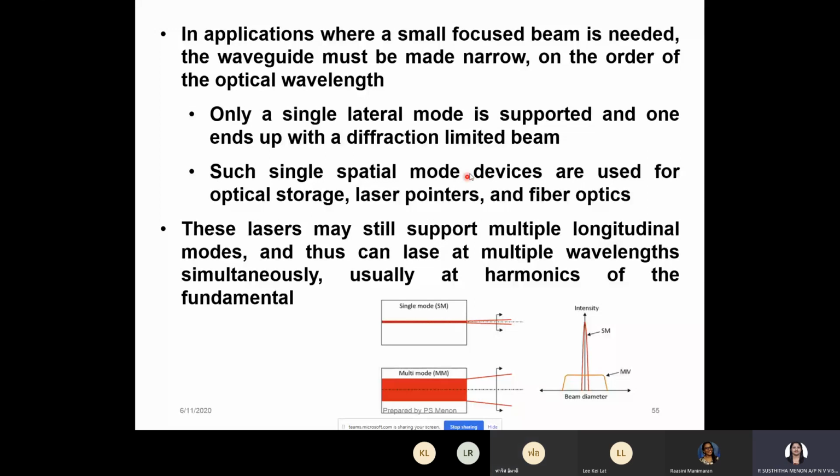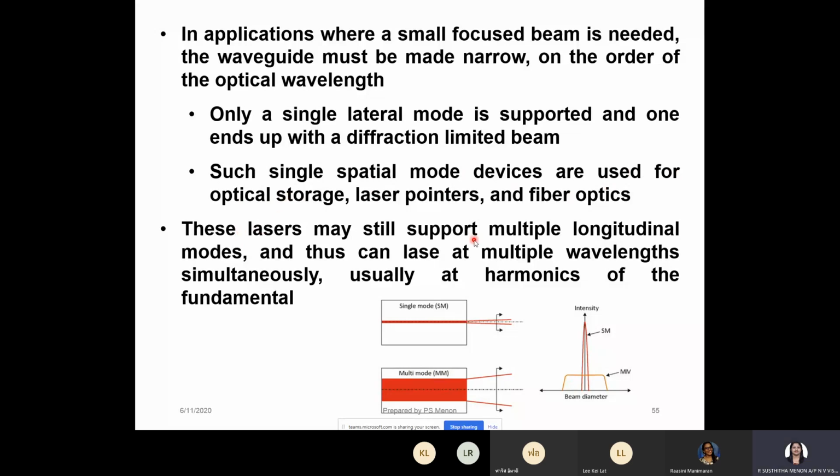Such single spatial mode devices are used for optical storage, laser pointers, and fiber optics. Optical storage and DVD players use a single mode laser diode.